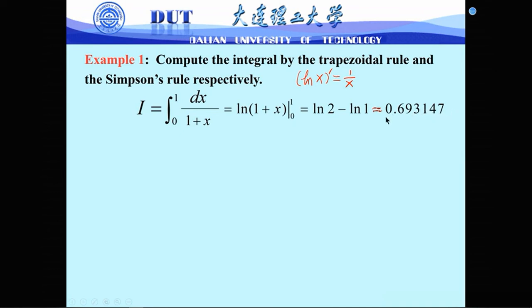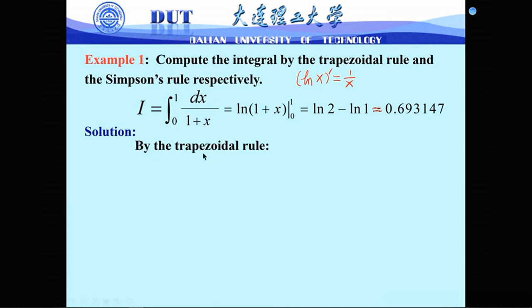But here, because now we don't consider round-off error, we consider the error of the formula. So here, we use this number as the exact value. Now let's use the trapezoidal rule, numerical quadrature, or numerical integration rule.